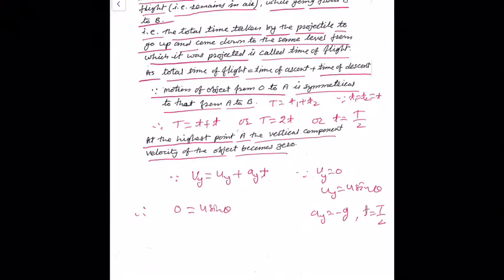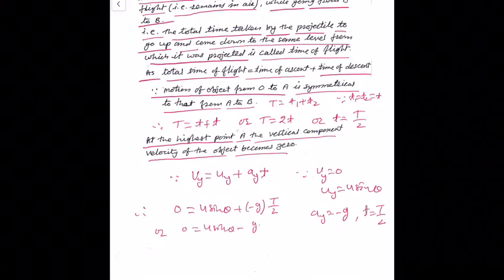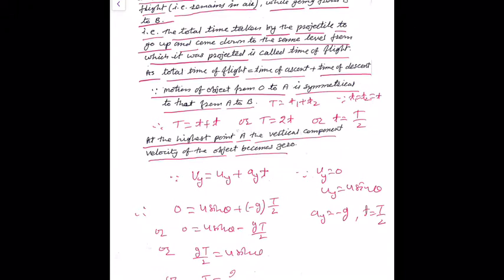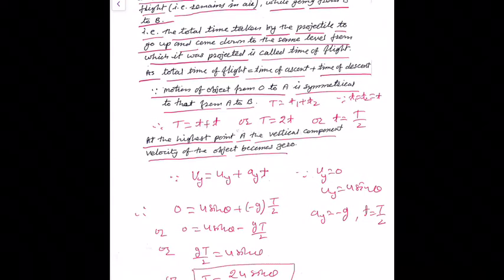Therefore, 0 is equal to U sin theta (vertical component of initial velocity) plus minus g into capital T by 2, or 0 is equal to U sin theta minus gT upon 2, or gT upon 2 is equal to U sin theta, or T equal to 2U sin theta upon g.